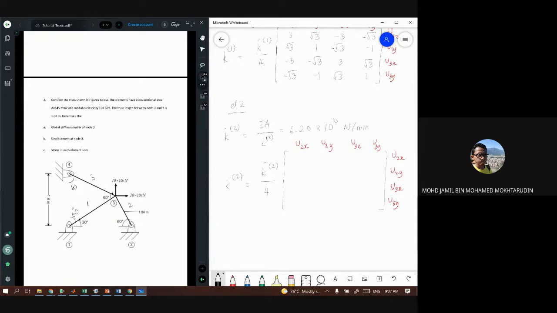Then just fill in from the table. Okay. Now we repeat for element number 3.